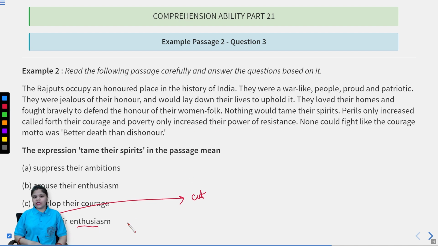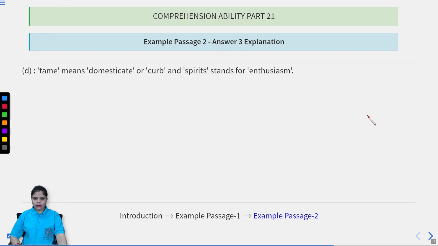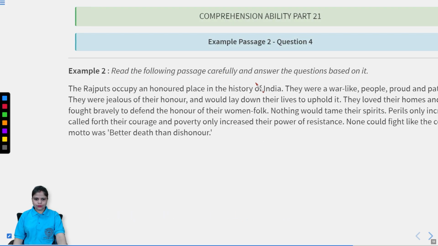But here curb their enthusiasm means cut their enthusiasm. So here we can see that nothing can weaken their zeal or their excitement. So tame means domesticate or curb, and spirits stands for the word enthusiasm.